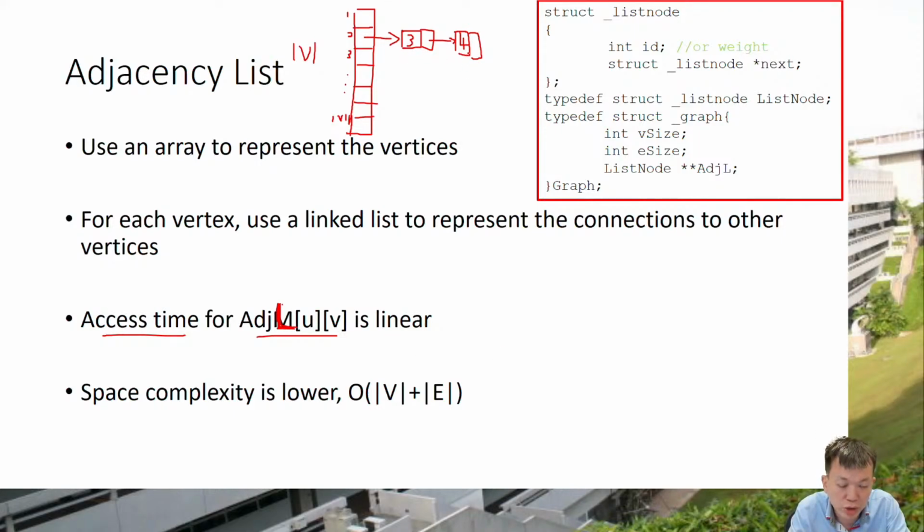So if you want to search which vertices are adjacent to vertex 2, you need linear time to search along this linked list to find out that 3 and 4 are adjacent to vertex 2. But the good thing is that the space complexity is V plus E. Compared to the matrix, just now the matrix is V squared.